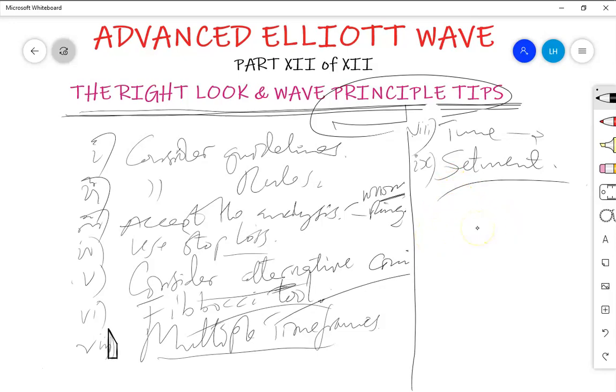But sometimes you can make counts and decide to enter the market while the sentiment is against your count. So why do you need to see the sentiment, and what is sentiment again? Sentiment is all about the direction in which most traders are committed now. They may commit to sell or commit to buy.